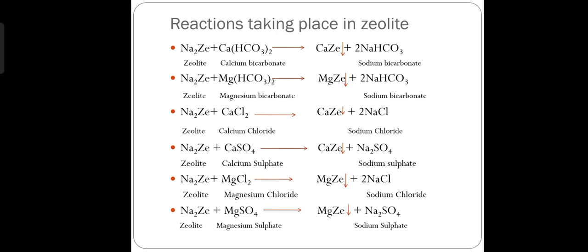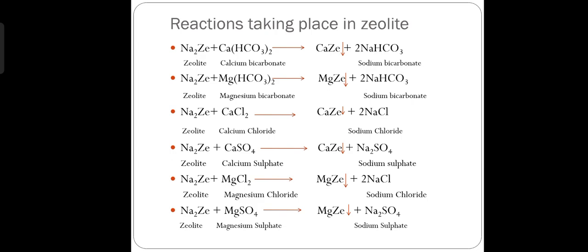Similarly, when CaCl2 comes into contact with the zeolite bed, it forms again CaZe precipitate, which is retained on the bed, and the water will have NaCl. CaSO4, when it comes into contact with the zeolite, forms again CaZe precipitate, retained on the zeolite bed, and the water will have Na2SO4.